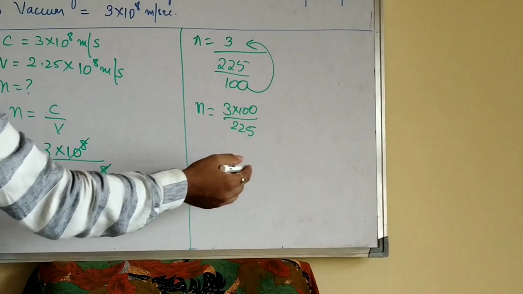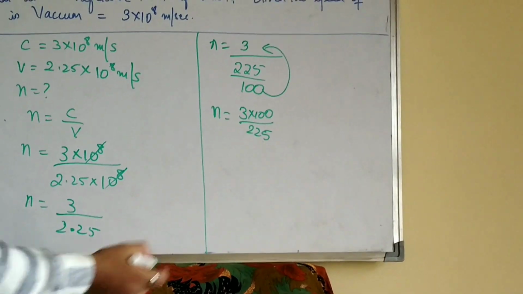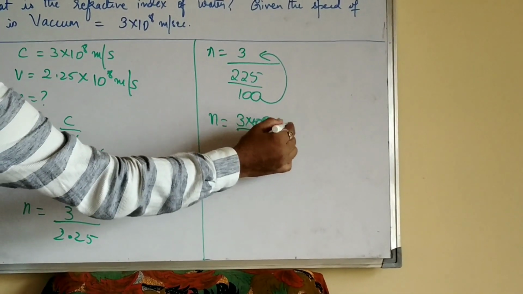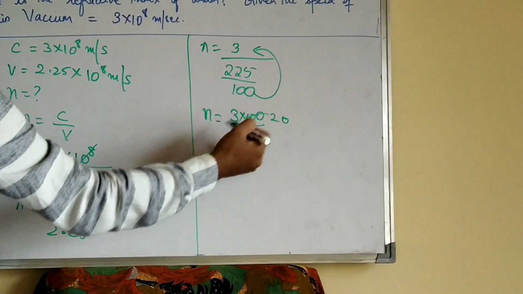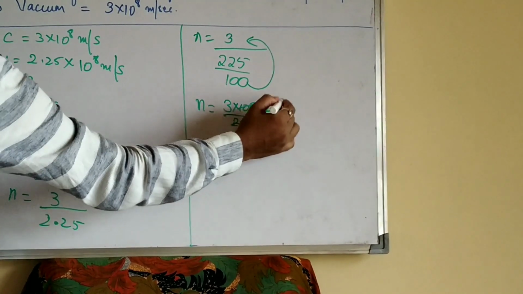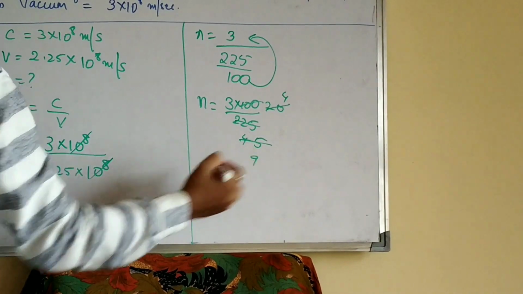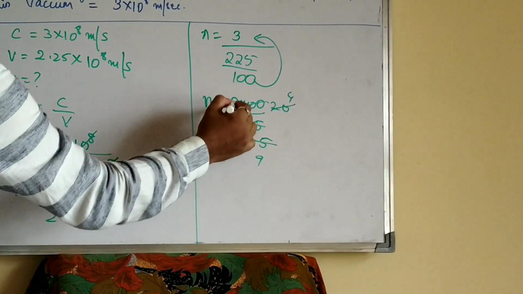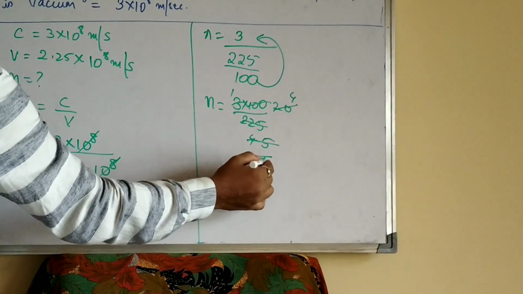Now, you can just simplify. Or 300 by 225 is also correct. Let us go with the 5 table. 5 20s are 100, 5 4s are 20, 5 5s are 25. Then 5 4s are 20, 5 9s are 45. Then 3 1s are 3, 3 3s are 9.